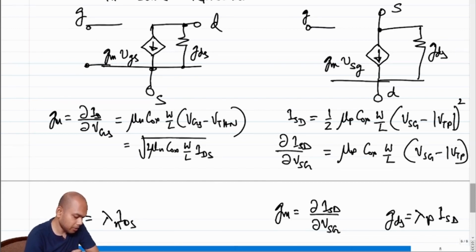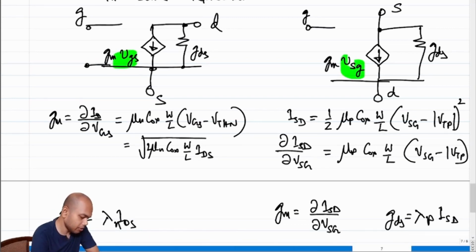But now you might turn around and tell me that I have been saying we would like to keep these terminologies and everything the same, but here I am using VGS, here I am using VSG. So this seems to be another extra thing to recall. So what we will do is we'll keep this VGS only, right?